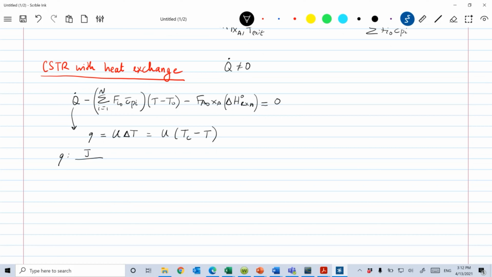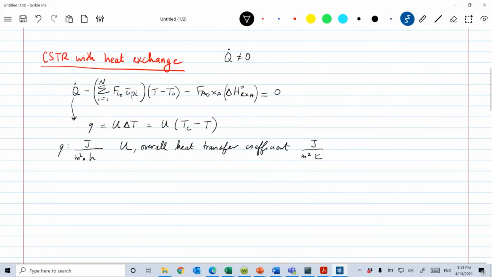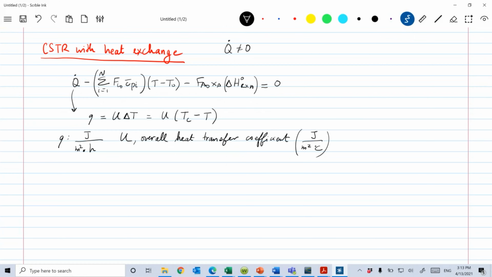So now that q is a heat flux per area, and U is the overall heat transfer coefficient that one can calculate from the Nusselt number in your transport and fluids classes. It is in units per degree Celsius or per degree Kelvin.